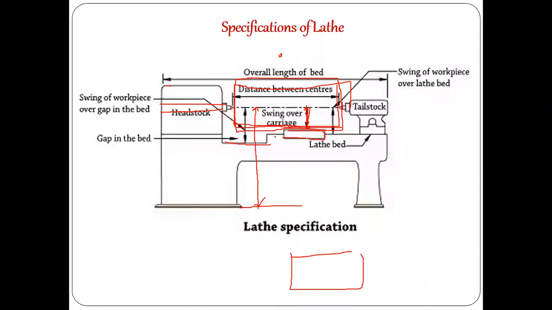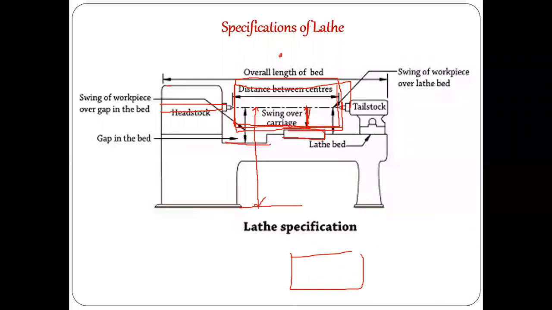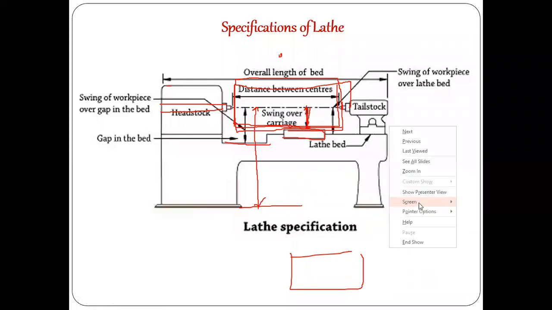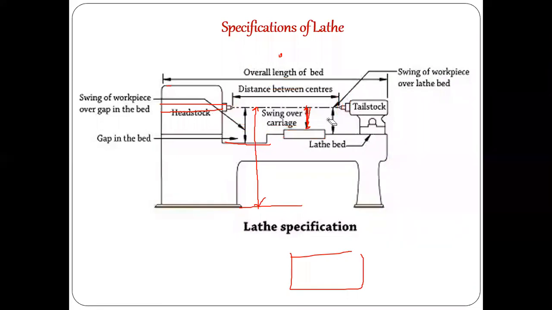In this position, when you remove the carriage, how much diameter of the workpiece can rotate? The maximum diameter of the workpiece rotating without touching the bed. The carriage is a movable part; it can move in this direction as well as this direction.